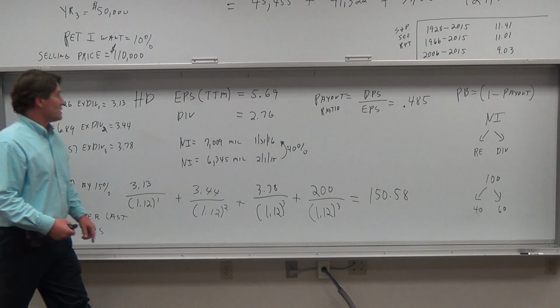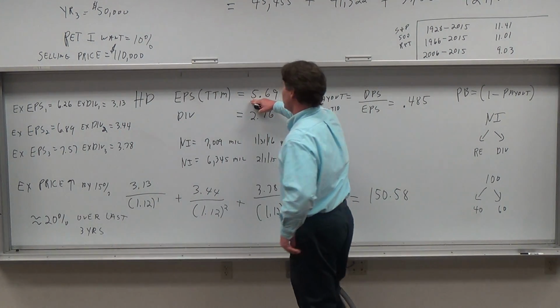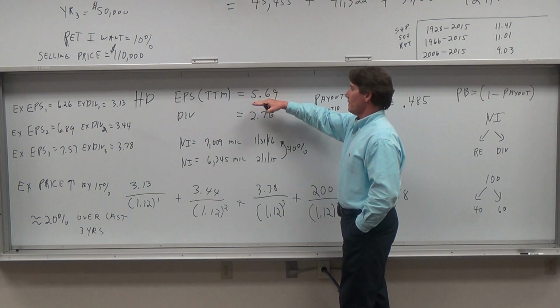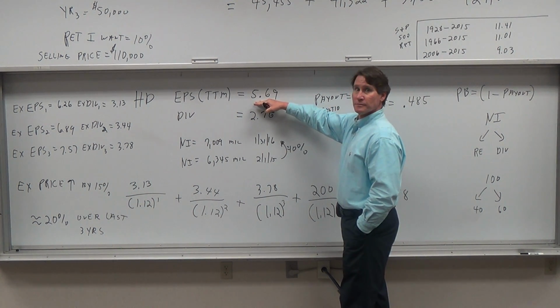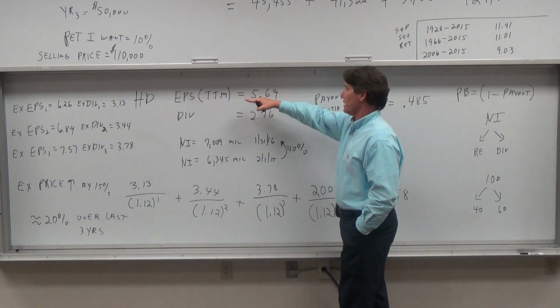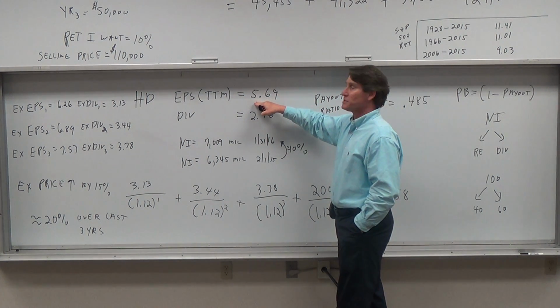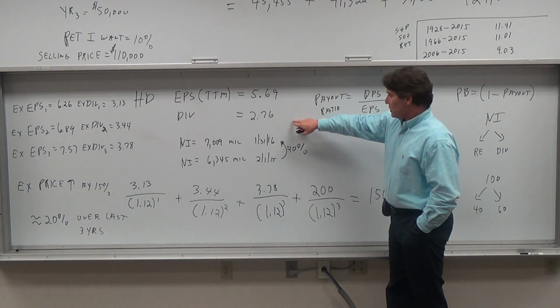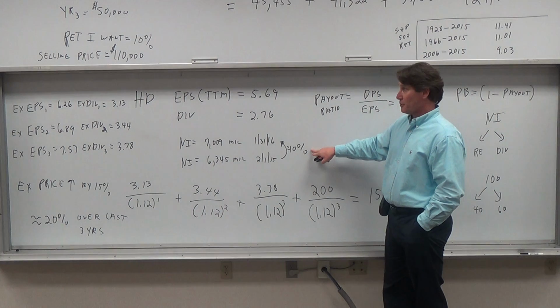So what I did was I looked at what we currently earn. This past year, trailing 12 months, this is what it earned. This is this year's earnings per share, trailing 12 months. In the most recent year, it earned $5.69. Over the last year, net income has grown about 10%.